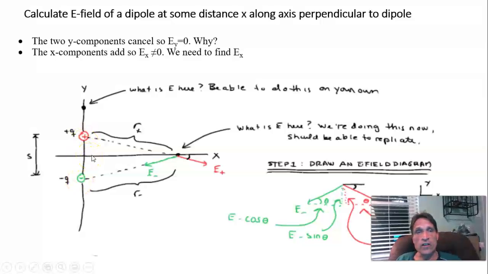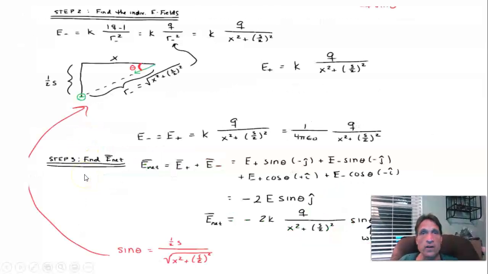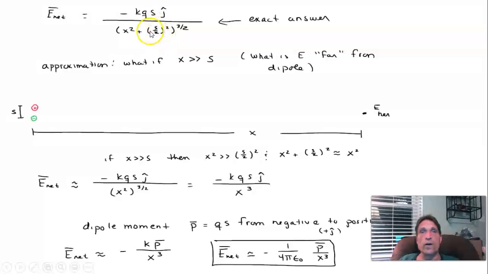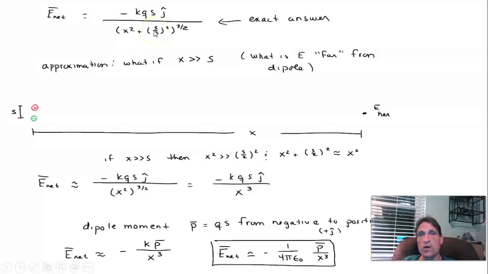And so in most cases, this distance x, where we're calculating the field, is so much larger than s, the separation between the charges, that in our formula we can basically neglect (s over 2) squared in comparison with x squared. In other words, it's so small compared to x squared that we can basically ignore it.